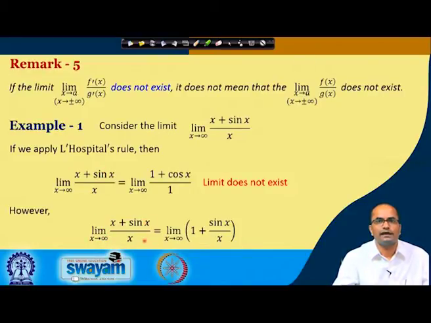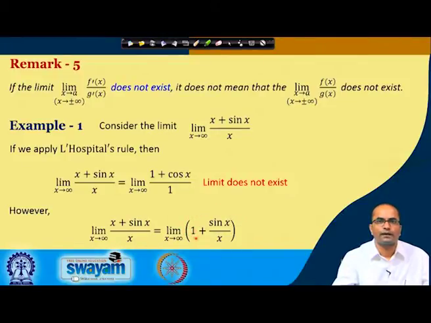But if we evaluate this in some other way, like the limit as x goes to infinity of x plus sin x over x, we can rewrite this as 1 plus sin x over x. We divide by x and separate it, so we have x over x plus sin x over x, meaning 1 plus sin x over x, and now we can directly evaluate this limit.